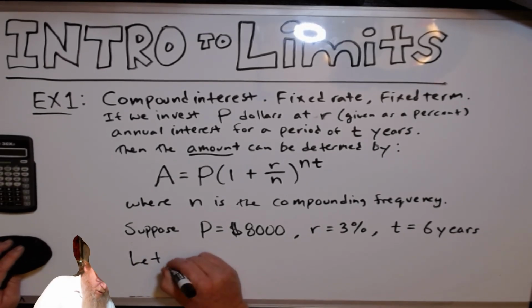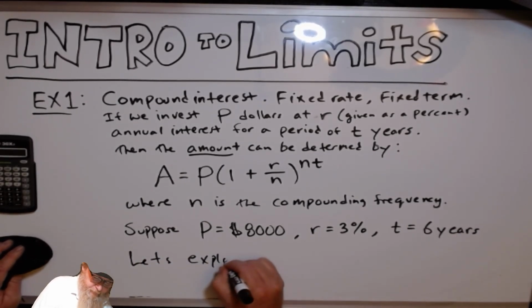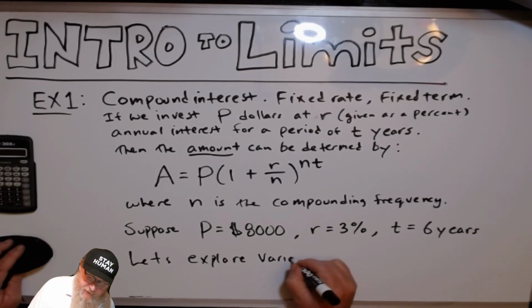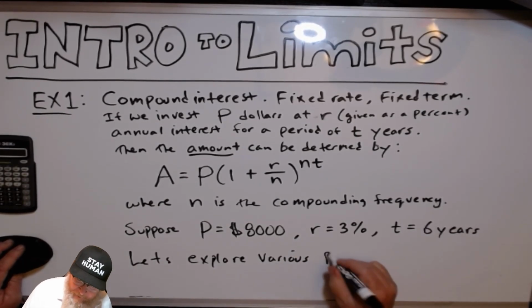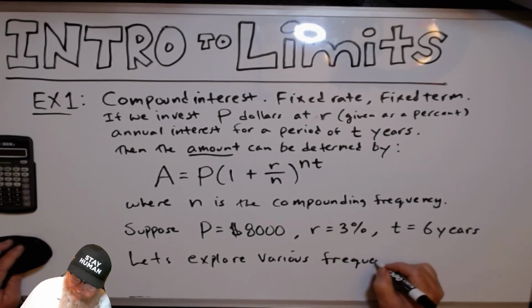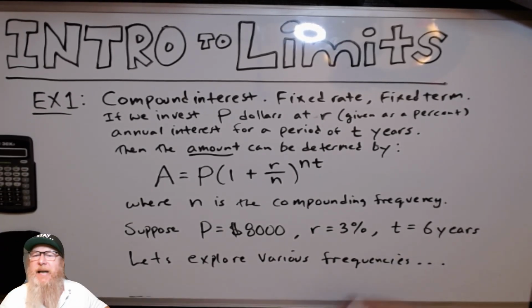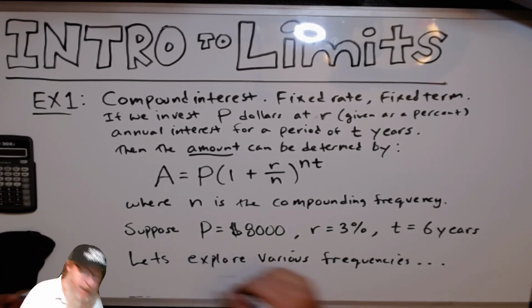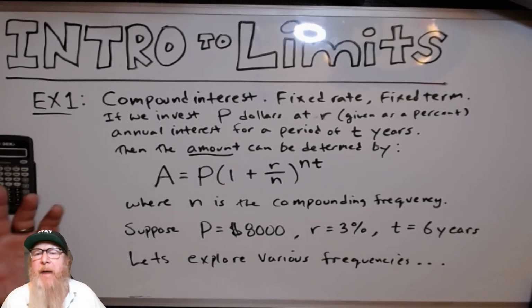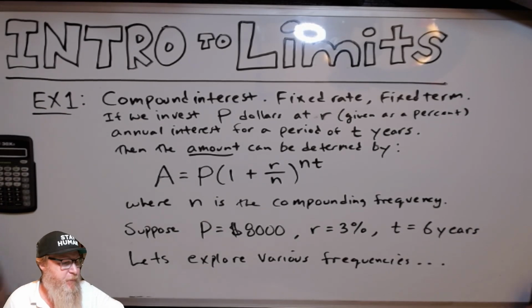Let's explore various compounding frequencies. All right, so to get an idea of how much we will have, well, it depends on how often we're compounding the interest. All right.